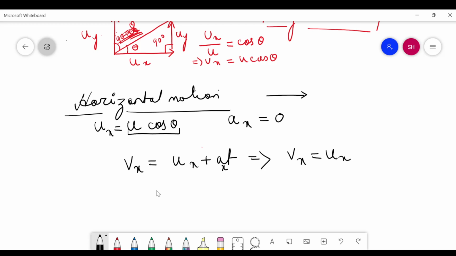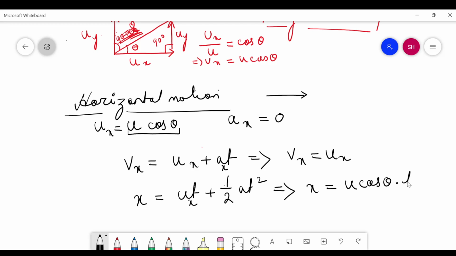Number one. Number two, the displacement in the x direction, x will be equal to ux t plus half ax t square, and it will be just x equal to u cos theta into t, which can be written as ut cos theta.